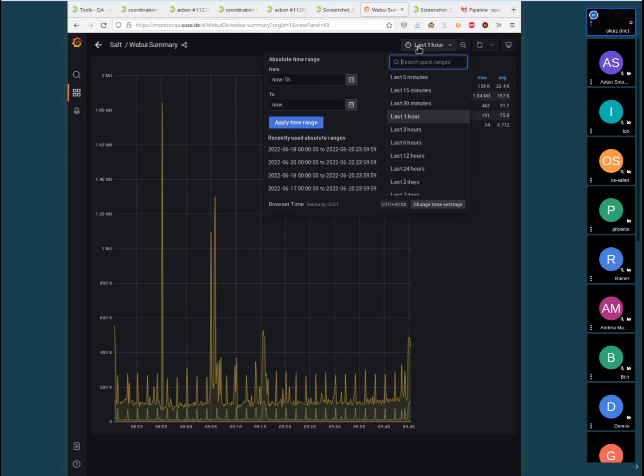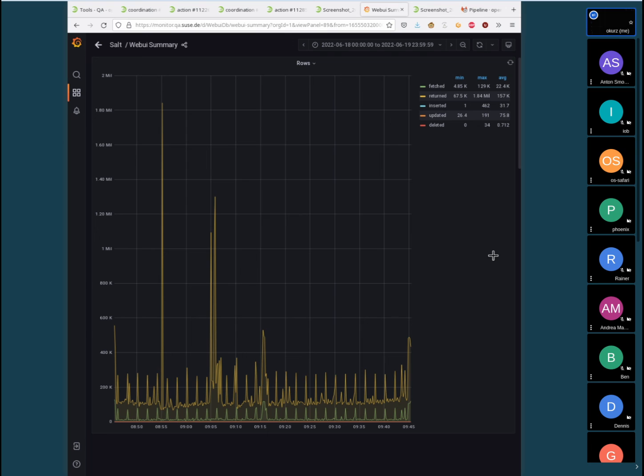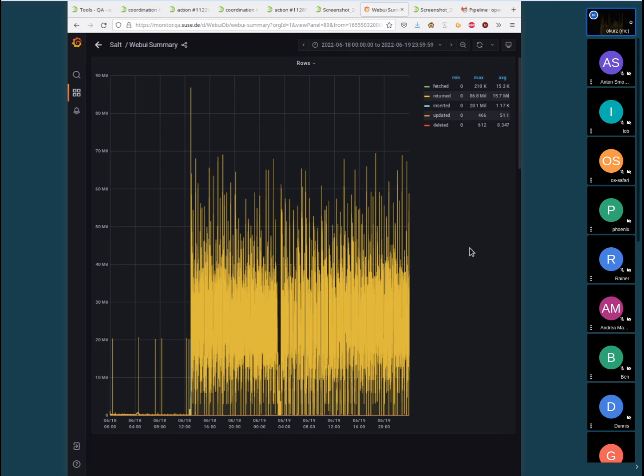So rows 18th to 19th. Yep. So you see this ditch. This is the reboot.